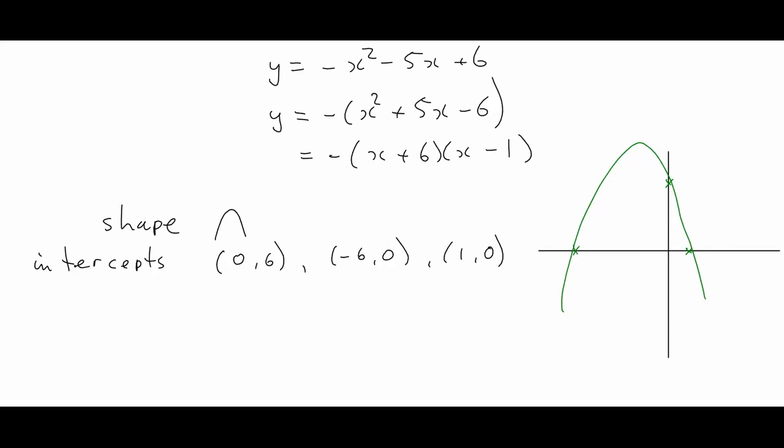As the minus 6 is further away than 1 from the y-axis, then the maximum is in the second quadrant. Of course, it must be above this point here, 6, because this is the maximum value, which therefore must be more than the 6. Otherwise it wouldn't be a maximum, and it wouldn't be able to go through that point.